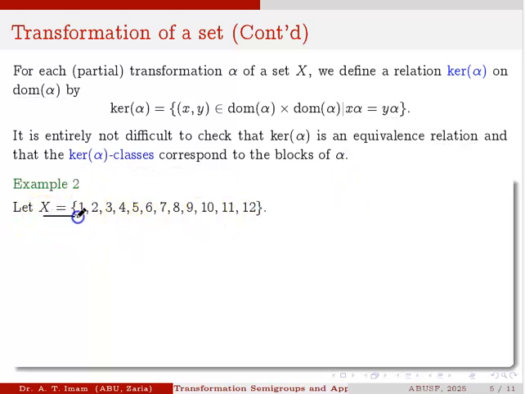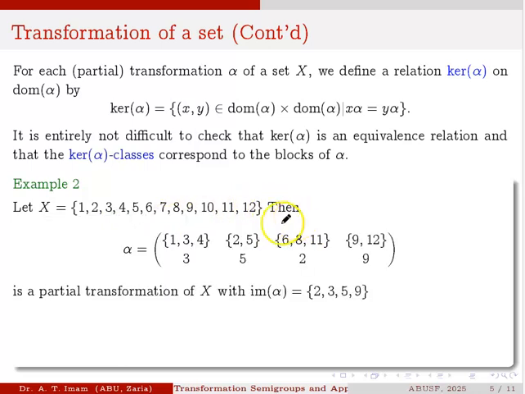If you take a set X of 12 elements, 1, 2, 3 to 12, and consider this partial transformation. This is a partial transformation on the set X of 12 elements. It's a partial transformation because it's not a mapping from X to itself, but it is a mapping from a subset of X to itself, because as you can see, if you scan through the images here, you can see that 10 is not appearing anywhere.